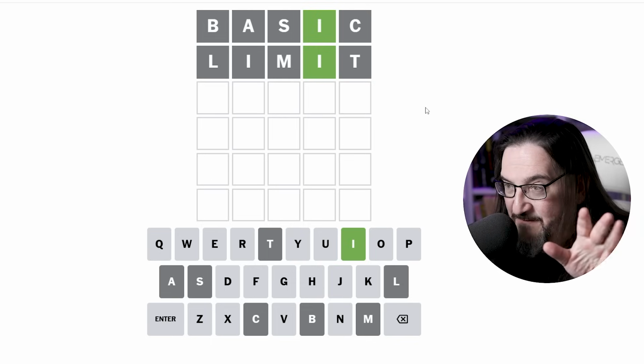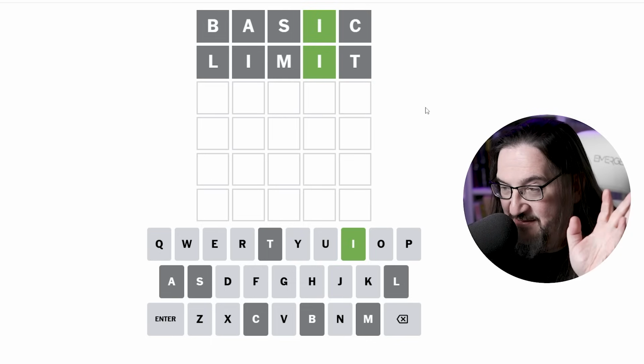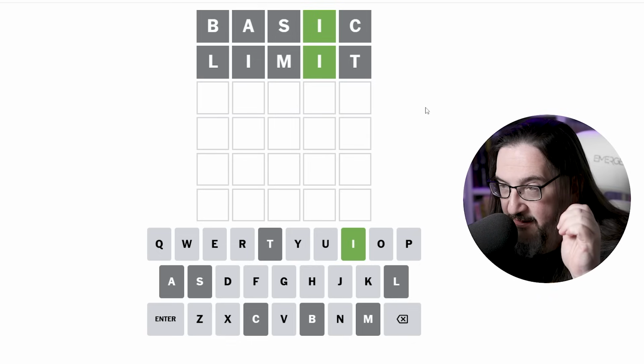So let's just take a few things off the table. There's no double I. That was not actually a thing. So maybe I need to think about this in terms of there's going to be at least one other vowel here. I don't feel like I like the E. I think there's possibilities for, let's see, TONIC.